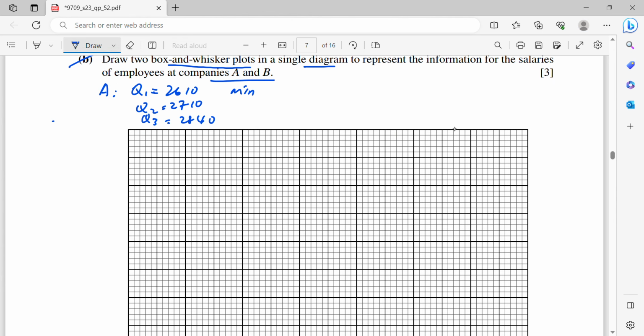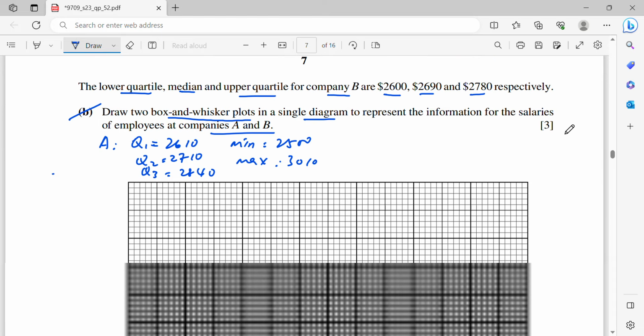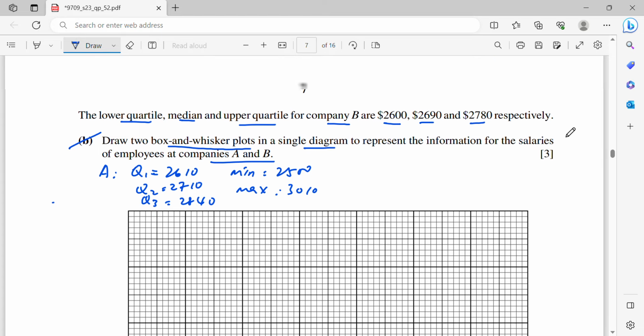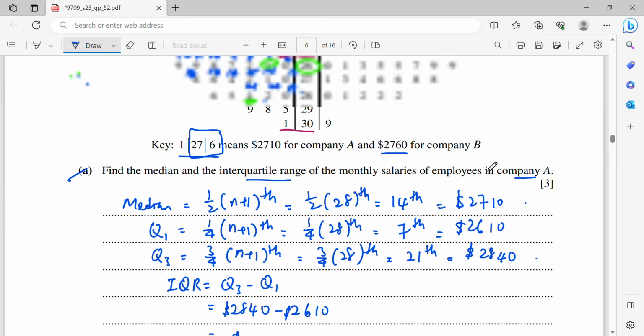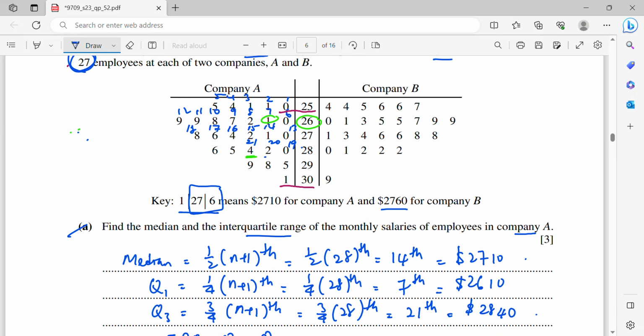Then the quartiles for company B, Q1, Q2 and Q3, but we also need the maximum and minimum for company B. Looking at the stem plot diagram, the minimum is 2540 and the maximum is 3090.